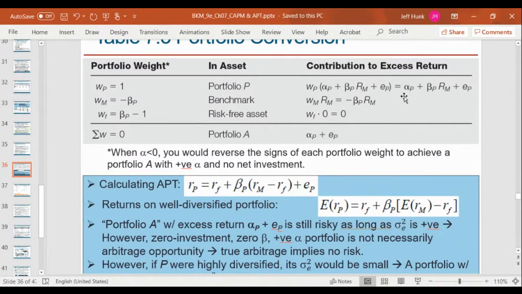Whatever return on the S&P 500 or in our portfolio P, that will be it, right? If the return on the S&P 500 is 10%, we get 10% return without any of our money being put into that. But by shorting the benchmark and the risk-free asset, right?